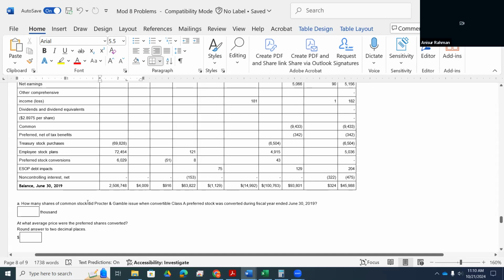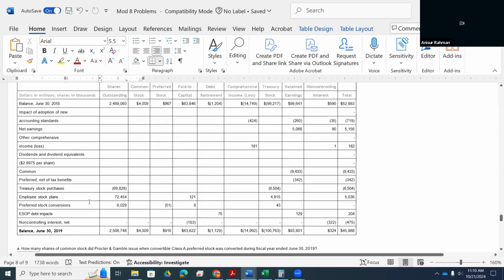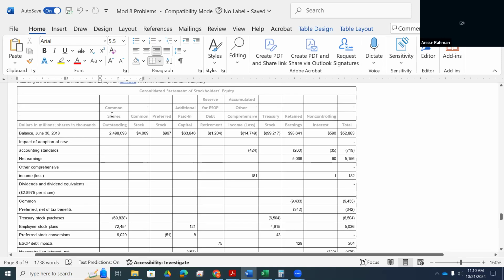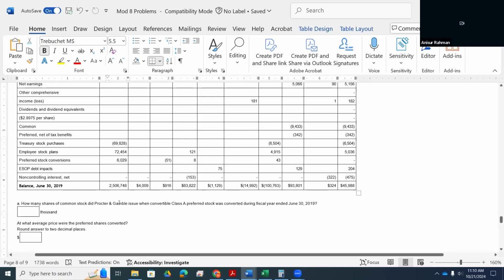So how many shares of common stock? So it is talking about the number of shares. So these are the shares outstanding Procter & Gamble issue when convertible Class A preferred stock was converted.